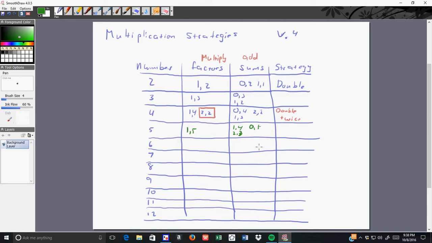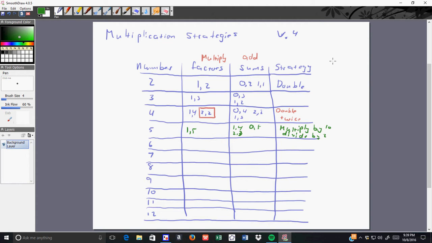Now, 5 might not seem like a very hard one to do, but I do actually have a strategy for it. And my strategy is this. I'm going to multiply by 10 and then divide by 2, because 10 divided by 2 is 5.